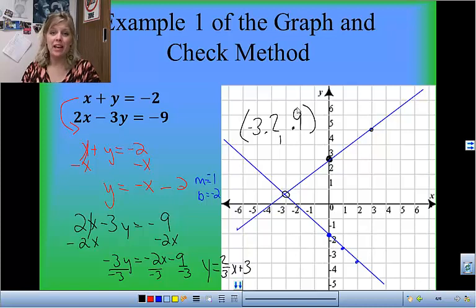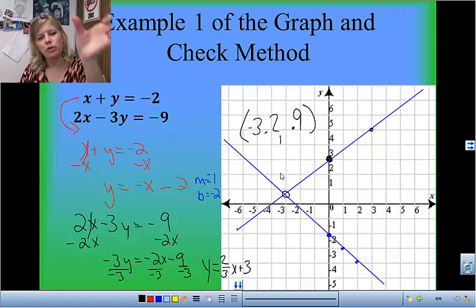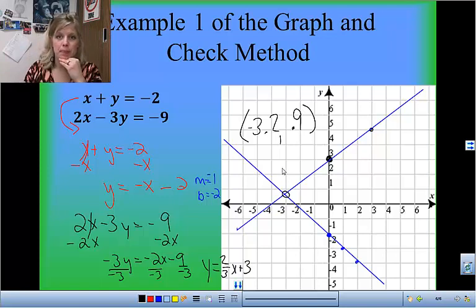You can probably guess why elimination by graphing is not always the best, because you can't give me an accurate number, an accurate integer of where they intersect. But for this purpose, I want you to do it because pretty soon we're going to do inequalities, and you need to understand the graphing of equations before inequalities.